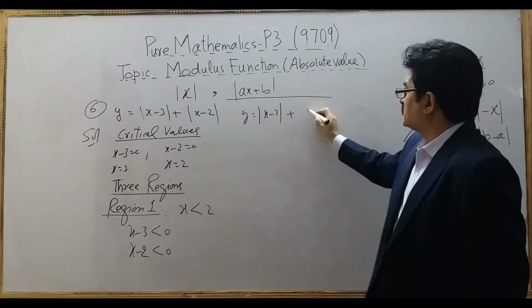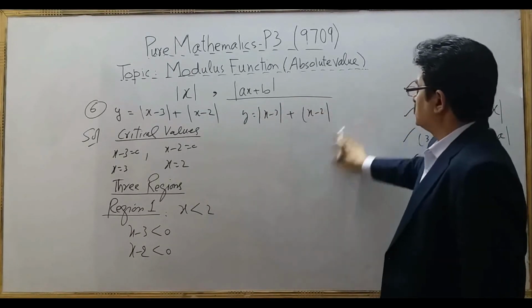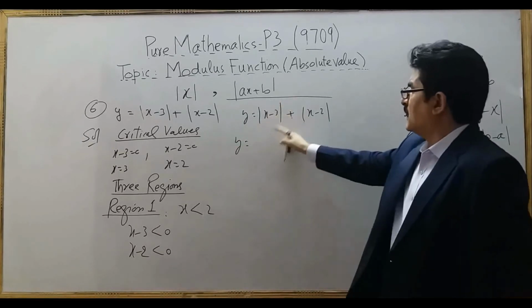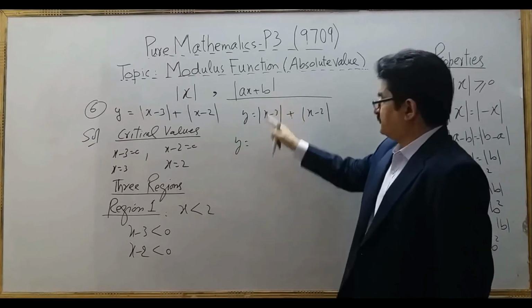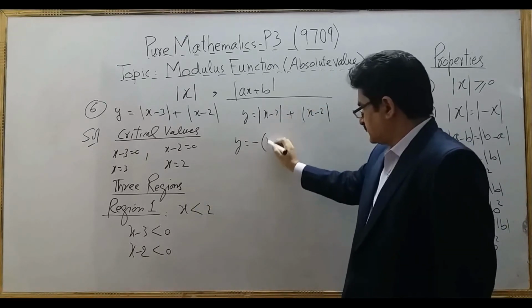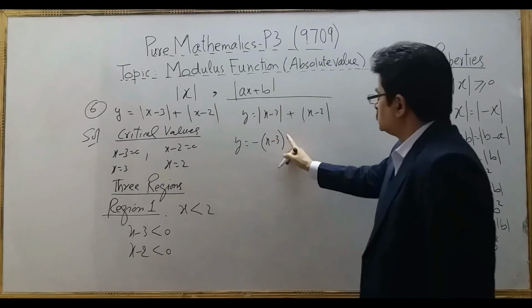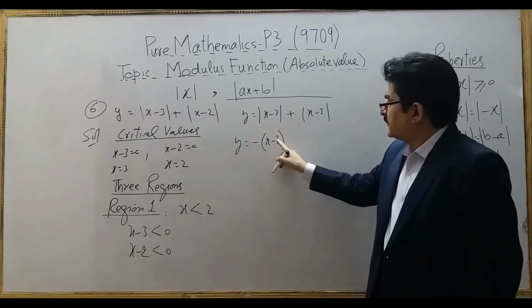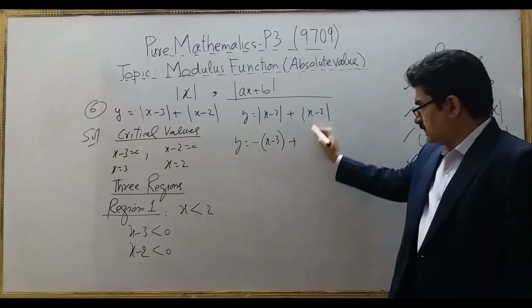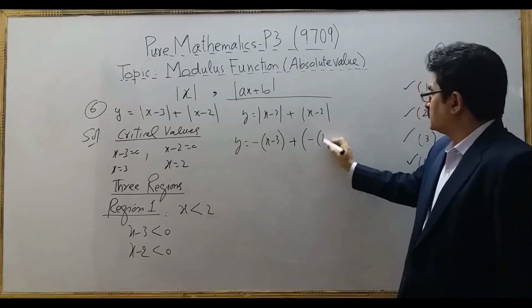this given function now can be rewritten as, this is a very important step. This is modulus, so it must be positive for x less than 2. But we can also write it like this, because this is negative, negative into negative will become positive. Similarly, here you will put a negative sign.